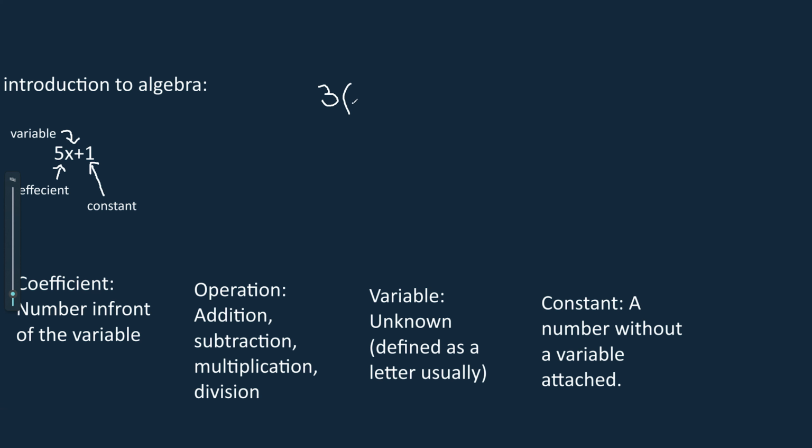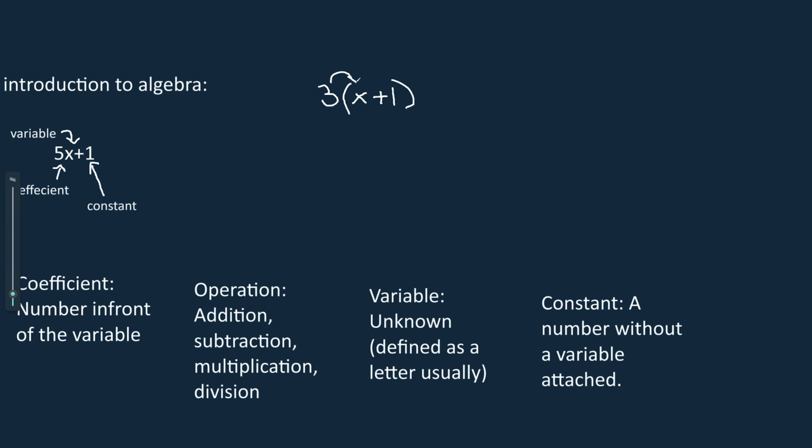It's a little bit unique. It's 3 parentheses x plus 1. Now, can you guess what it means? Well, it means that it is being multiplied. So, what do we do in this situation? Well, what we do is we use the distributive property. The distributive property means that we multiply the number outside the parentheses to each term inside.